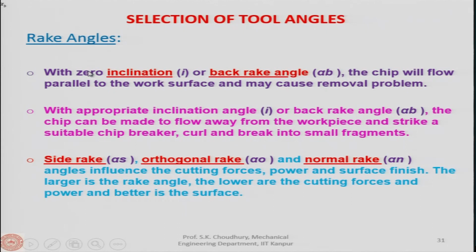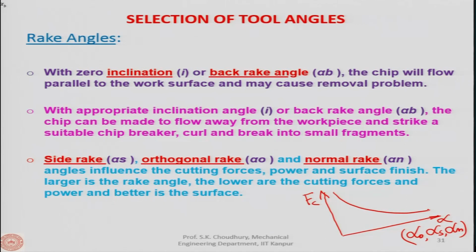Overall, suppose along this axis we have alpha, which is alpha 0 or side rake or normal rake, any one of them, and this is the cutting force. The curve goes like this: as this value decreases, the force goes up, and as these values increase, the force goes down.